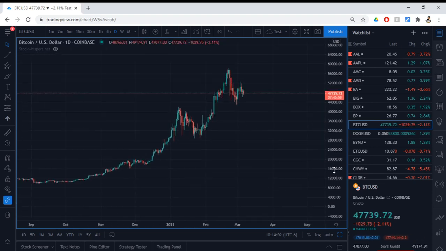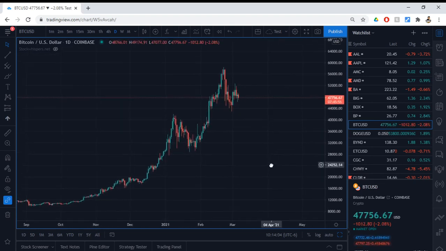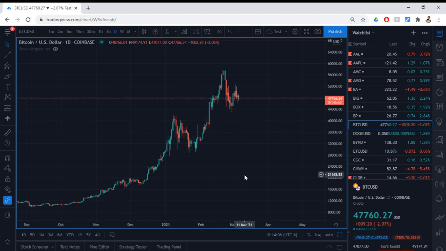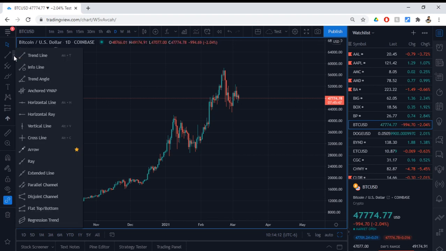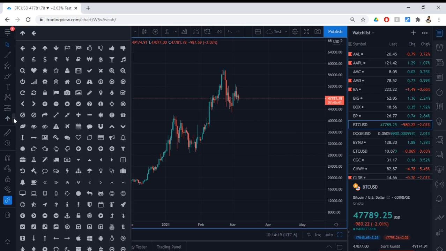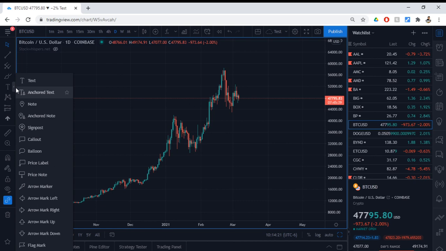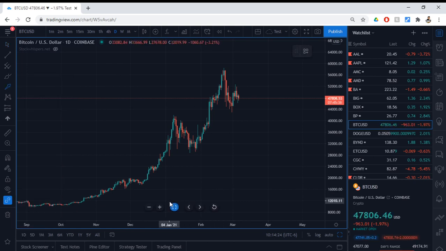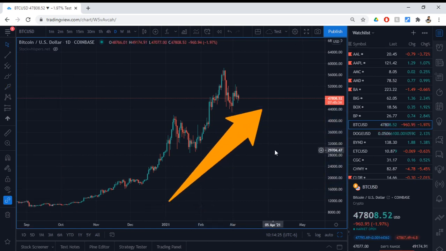So if you want to trade Bitcoin or something that's in an uptrend, to trade with the trend, you should be trading things in an upward sense, meaning going long versus going short.